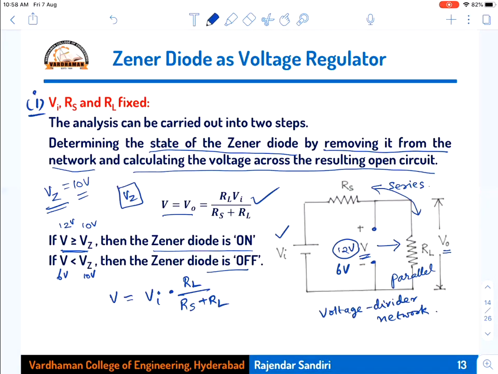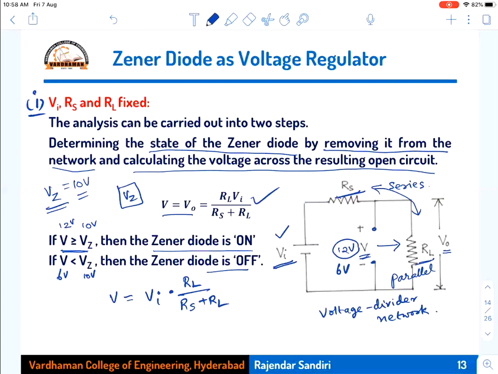removing that and actually calculating the voltage across the open circuited terminals. If I calculate it by removing the diode, for the given values of Vi, Rs and RL, and that value is greater than the Vz value, then only the diode is on. Otherwise, if the voltage I calculated for the given values of Vi, Rs and RL is less than Vz, then the diode will always be off.